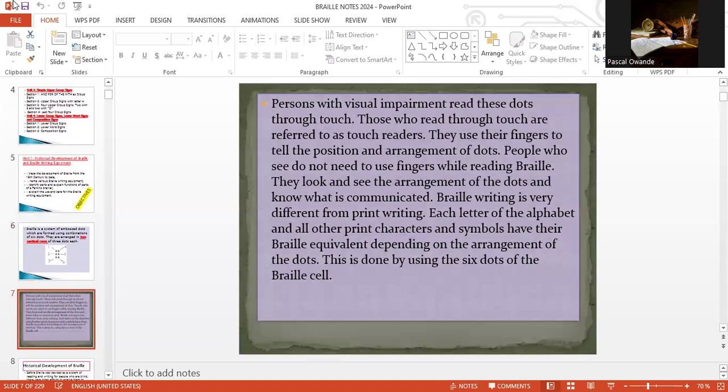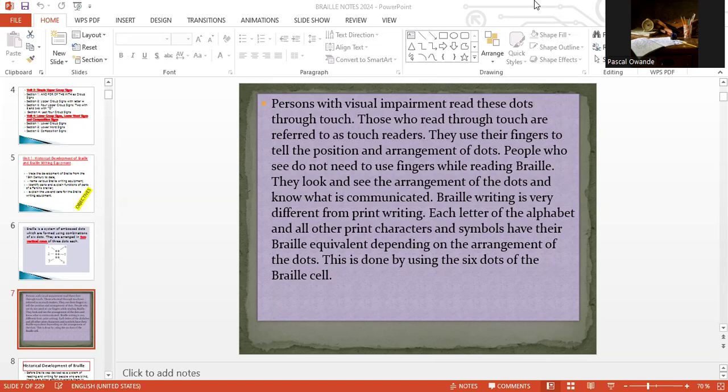And therefore, remember that Braille is for persons with visual impairment. So persons with visual impairment use the Braille machine so that they can be able to read, especially these dots, through the sense of touch. And those who read through touch, we refer to them as touch readers.